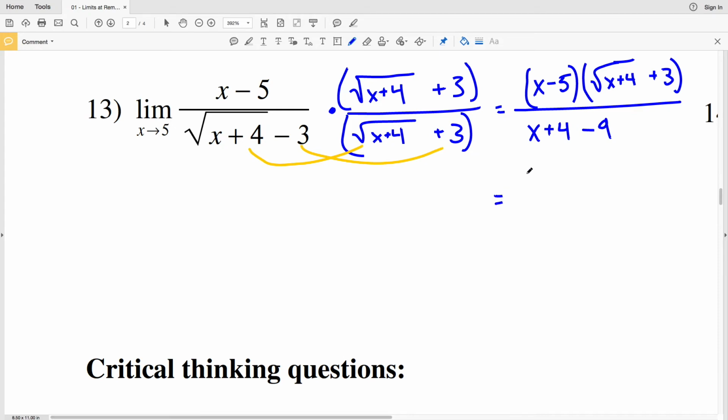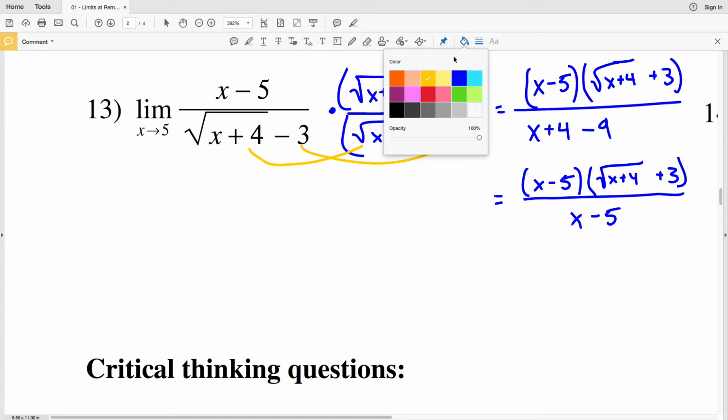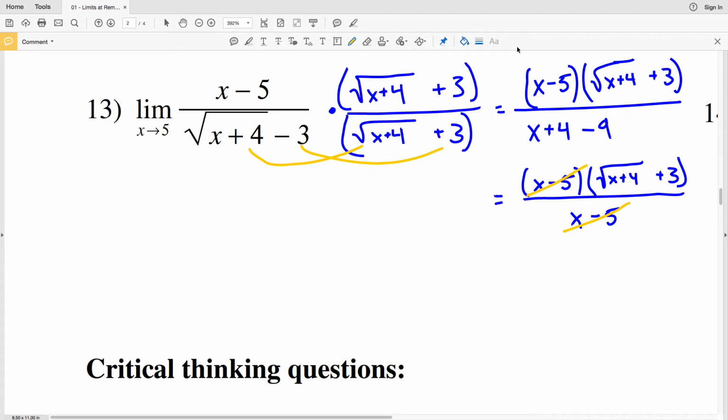Now from here, I'll leave my top as two binomials, because when I simplify my denominator, x plus 4 minus 9 is x minus 5. And now, x minus 5 cancels out with x minus 5. So the limit of my function as x approaches 5 is equivalent to the limit of my new function, the square root of x plus 4 plus 3, as x approaches 5.